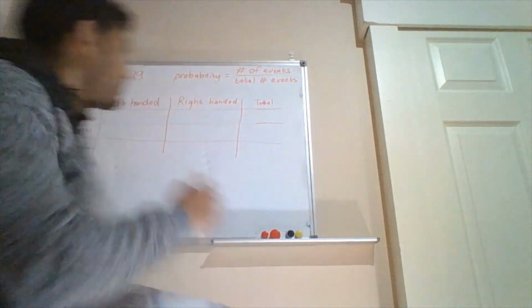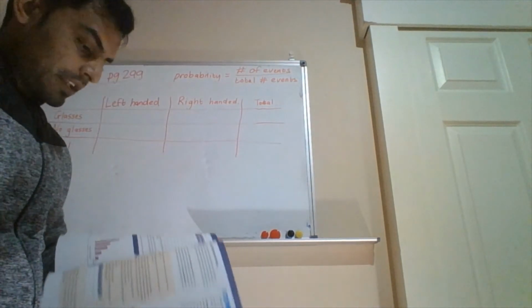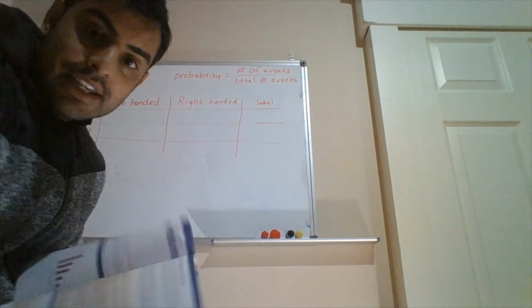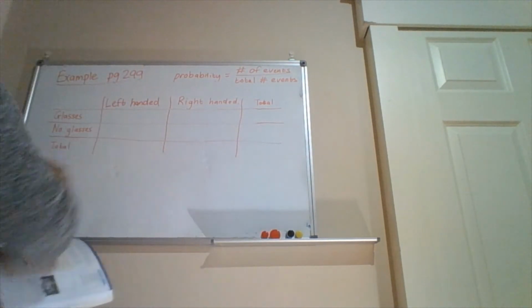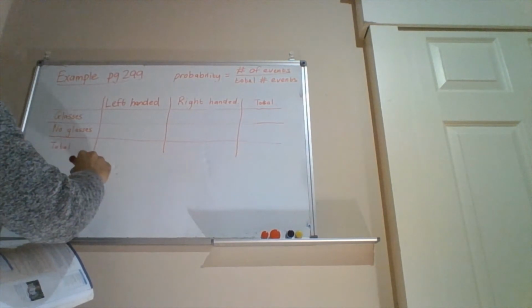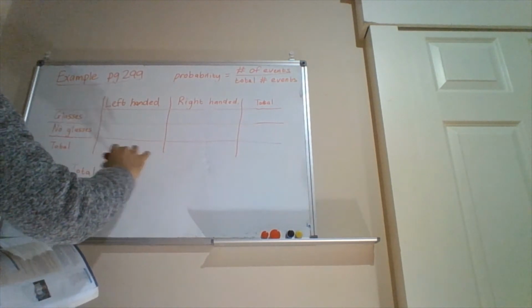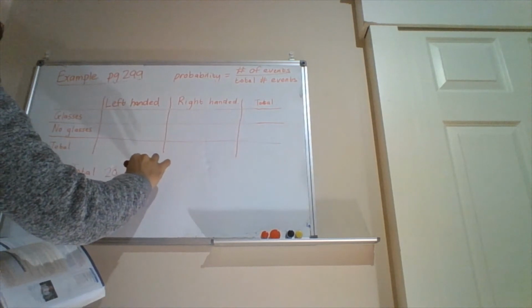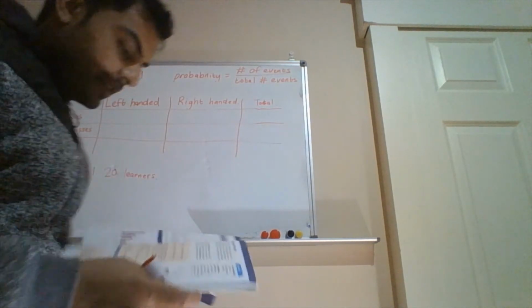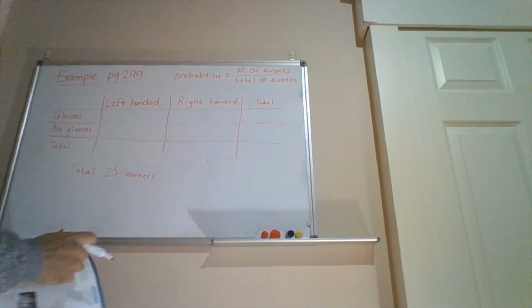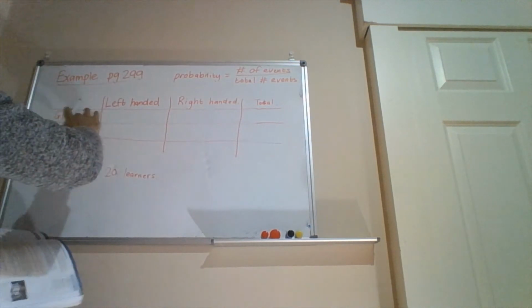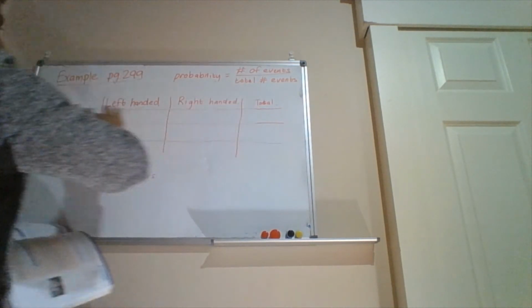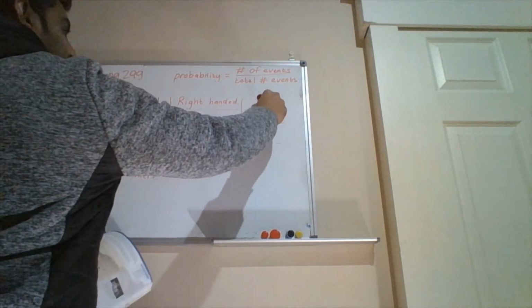For the final question, question 4, we organize the information according to this table. So they give us that there are a total of 20 learners. They also tell us that 7 wear glasses. So if we look at the number that wear glasses, the total is 7.